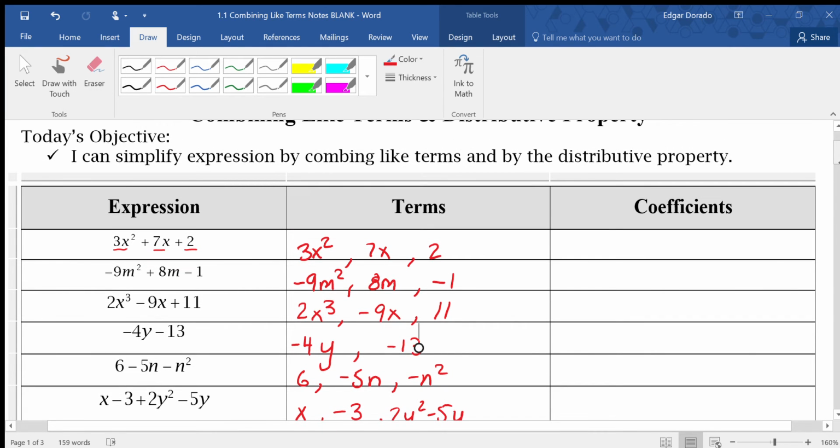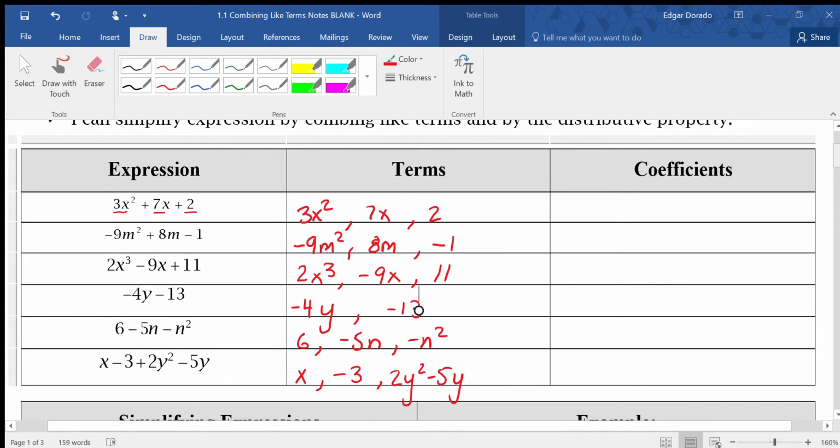In order to figure out what our coefficients are, we have to look at each of these terms we have in each one of our expressions. A coefficient, by definition, is the number that is in front of any term which has a variable in it.